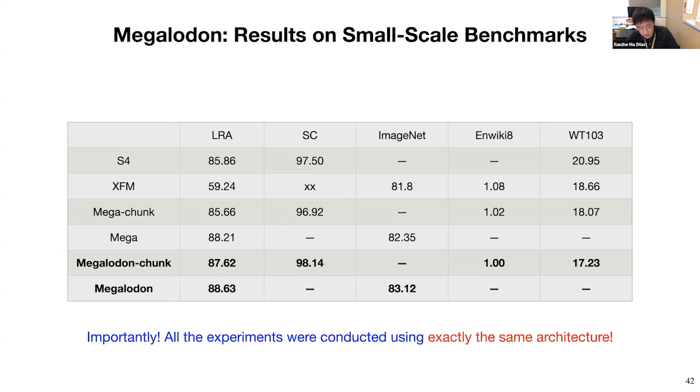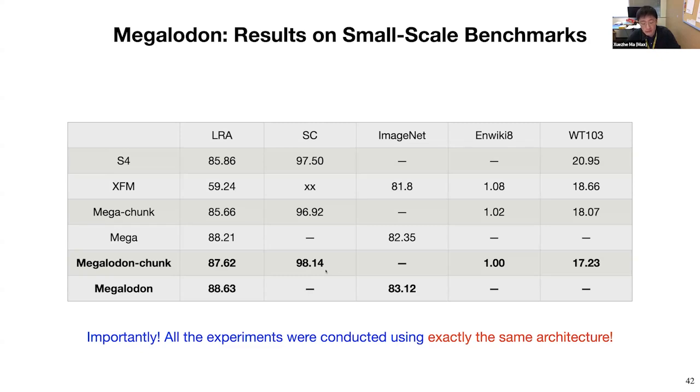And what is important is that in this table, for the Megalodon results, all the models use the same architecture. So there are no architecture divergences for the models used for different tasks. It means we at least achieve a unified architecture which is able to achieve comparable performance.